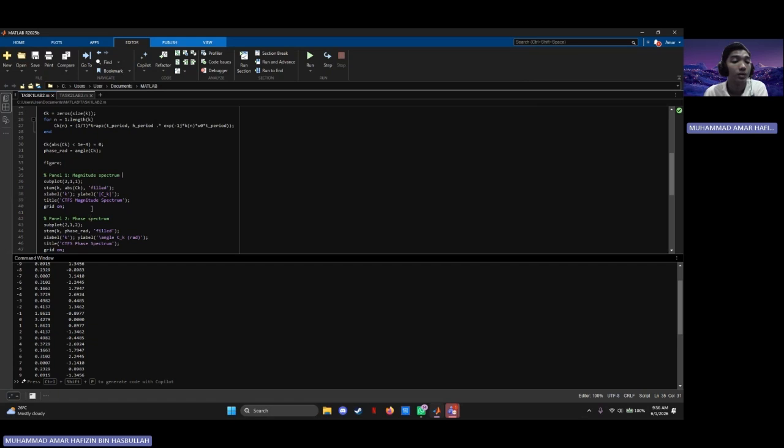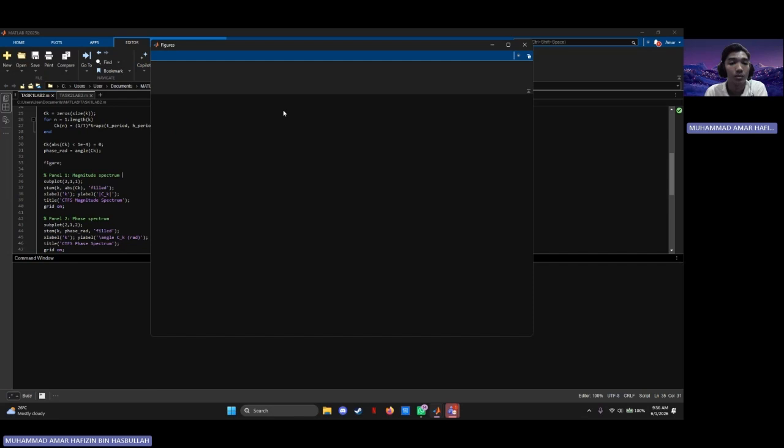Next we move to line 35, then line 36 and then line 43. This is where panel 1 and panel 2, the magnitude spectrum and phase spectrum graphs, will be used in the code. This subplot and stem for ck basically splits the results into two stacked graphs.